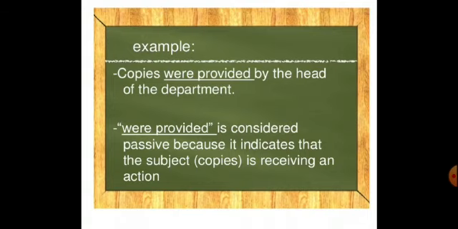So I focus here on copies, which is the object now. So this is the importance of using the passive voice: the object is more important than the subject or the doer of the action.